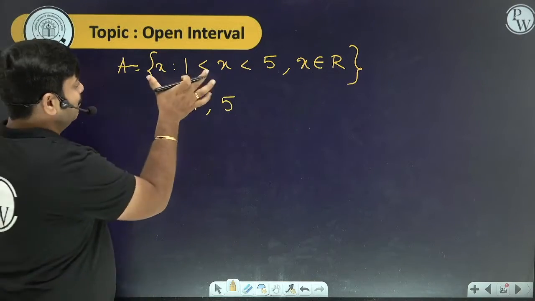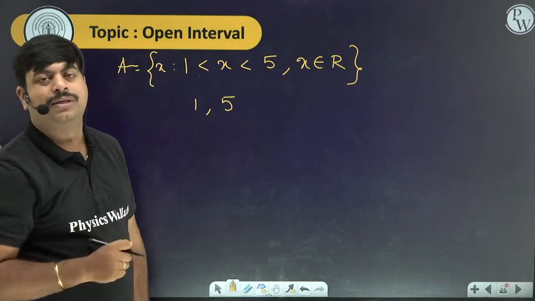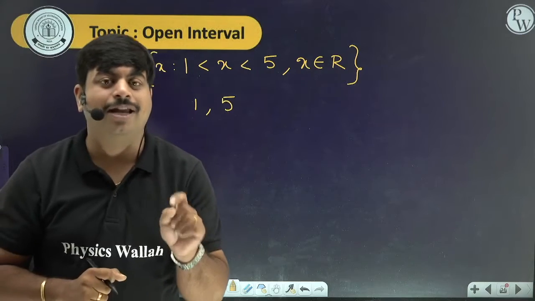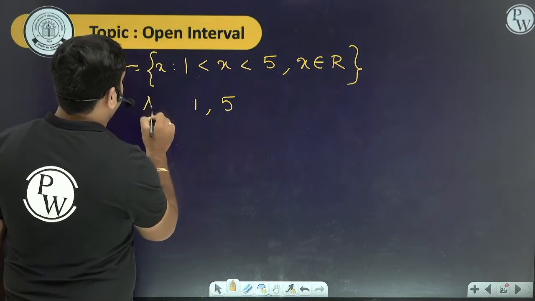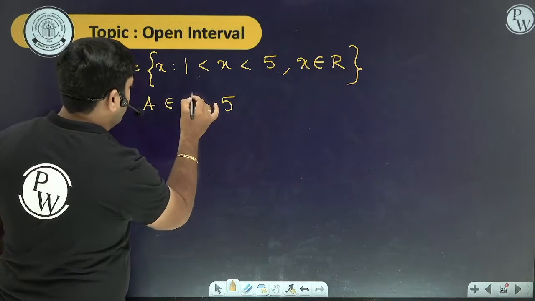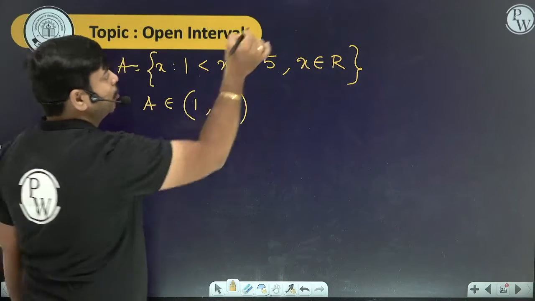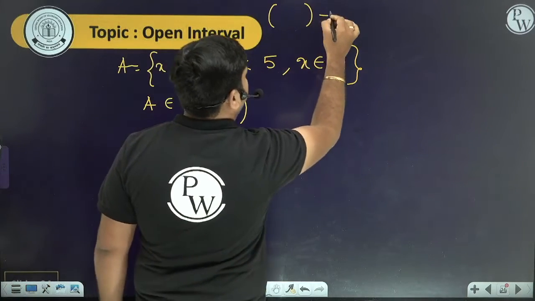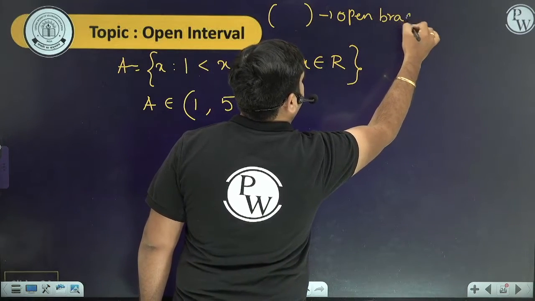So this particular case is where we are not including the end values. That is called an open interval. And an open interval, we can write it as A belongs to (1, 5) in small brackets. People, these are called small brackets, or we say open brackets.